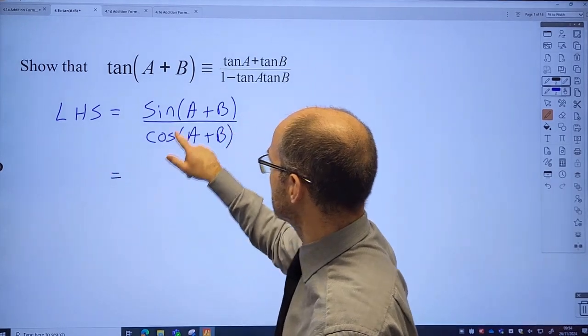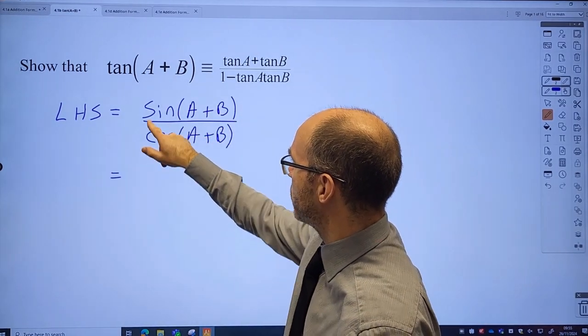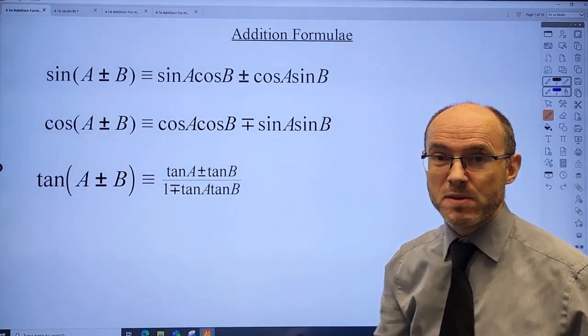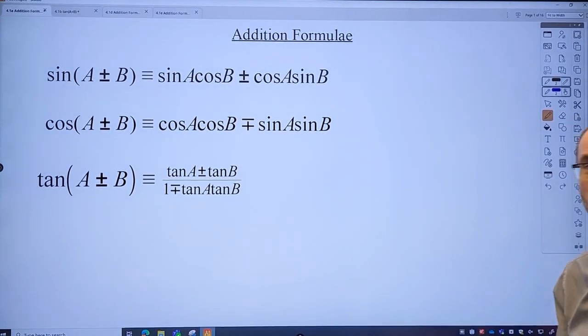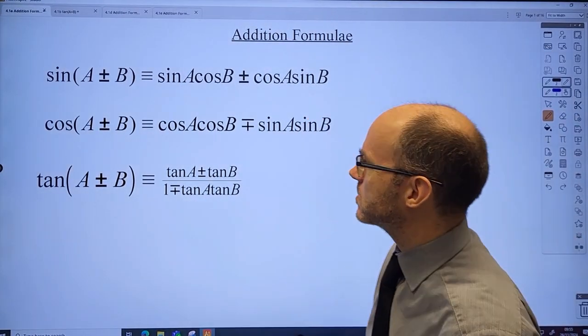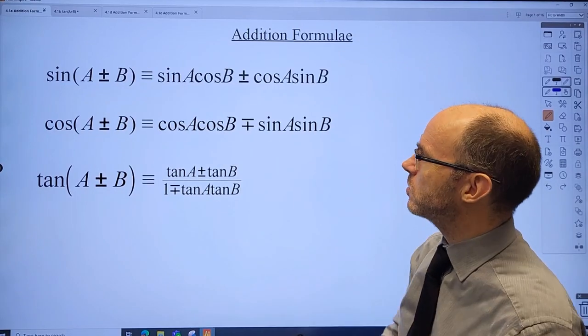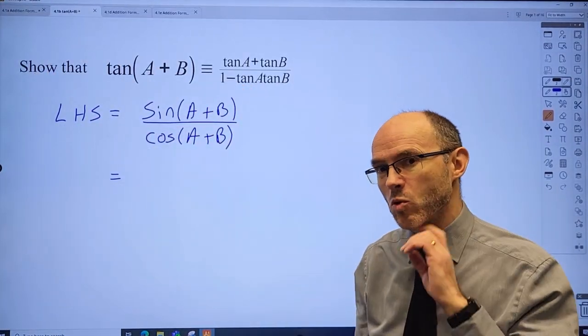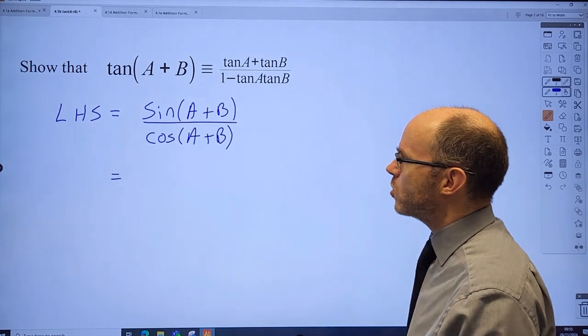So you've got to write down what that is. I'm just going to go back to these. This is a reminder. Maybe you've got a screenshot of that, or you just note them down, because I'm not going to refer to this screen all the time. It's a case of having to remember them or use your formula book if that's appropriate.